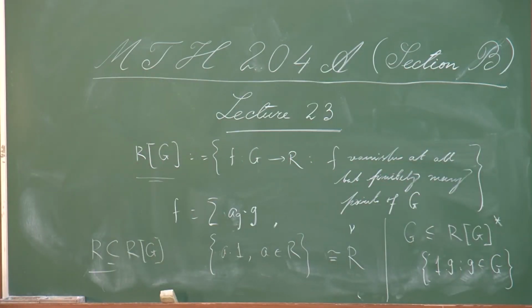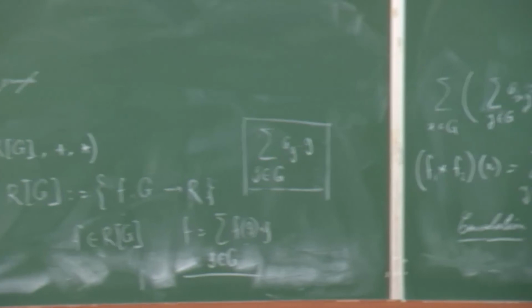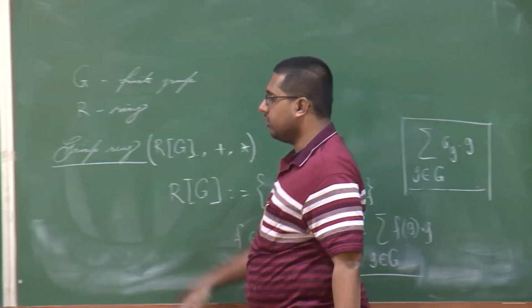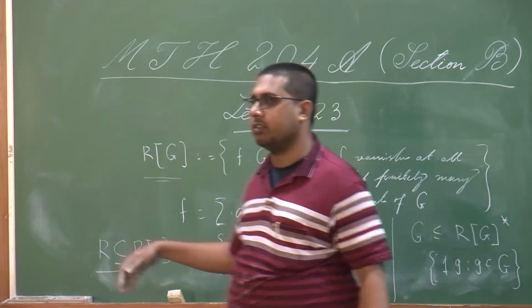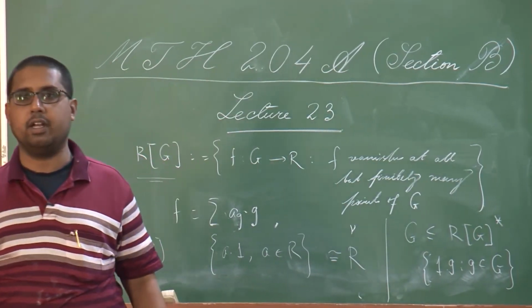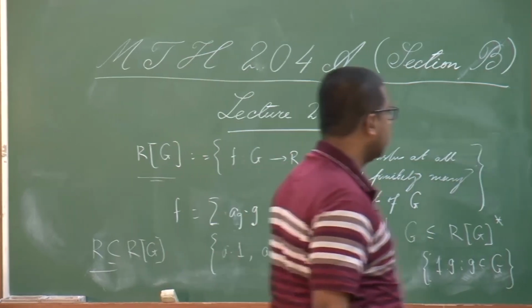Okay, so I am almost done. Just to make one or two more remarks: here also you see the sums are finite sums, because the functions vanish at all but finitely many places.